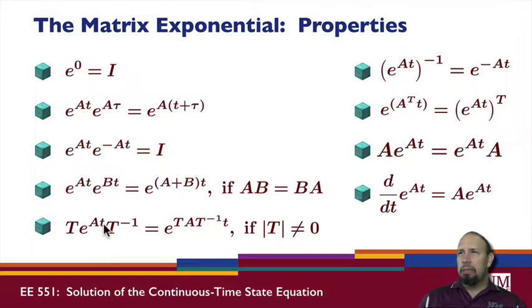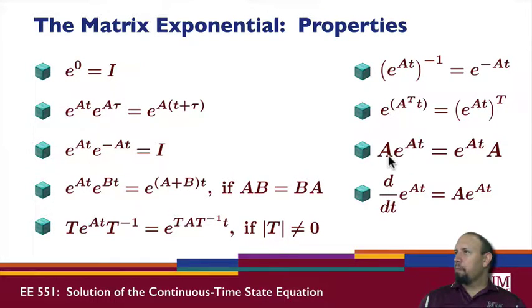If I take the similarity transformation of e to the At, that's the same as taking e to the similarity transformation of A times t. If I take the matrix exponential of A transpose, that's the same as taking the matrix exponential of A and then transposing the result.